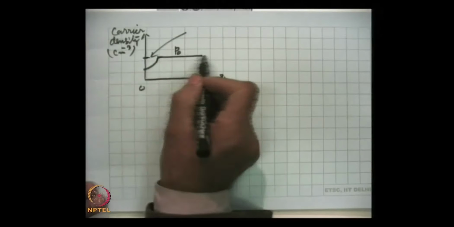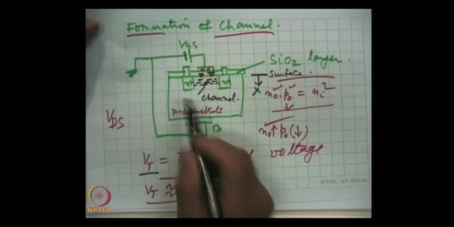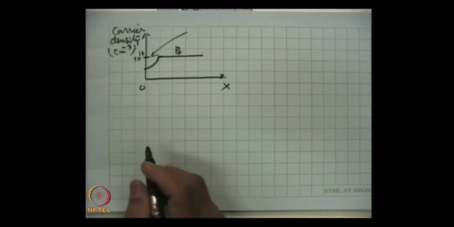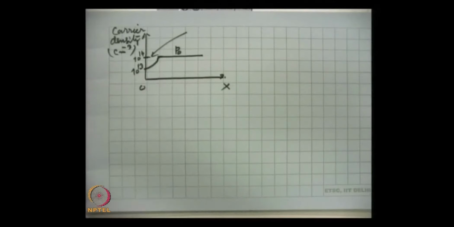Initially, the density everywhere in the bulk p-type substrate is P0, and let us take P0 as 10 to the power 14, the density of holes. But because of the repulsion of the field created at the gate, it falls by one order of magnitude, roughly to 10 to the power 13. On further reduction, when electrons move towards that region, then this happens.